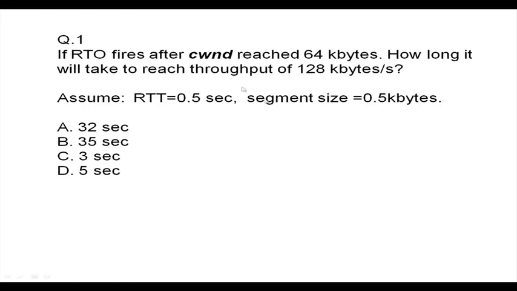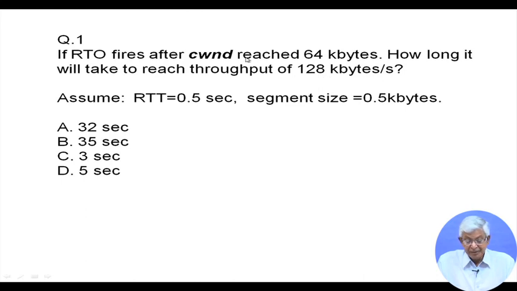The first one, these short forms I hope you remember: retransmission timer timeout. If RTO fires after CWND reached 64 kilobytes, how long will it take to reach a throughput of 128 kilobytes per second?